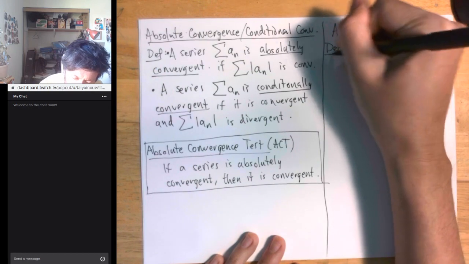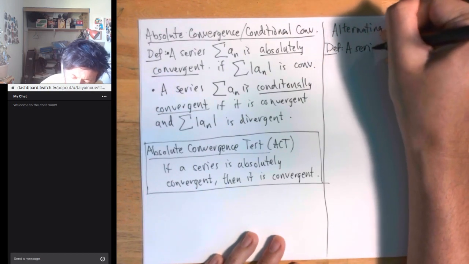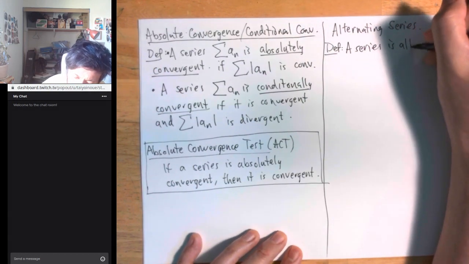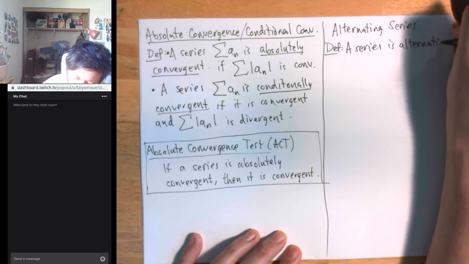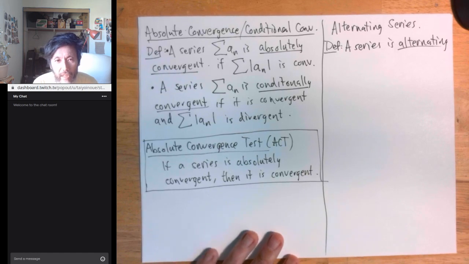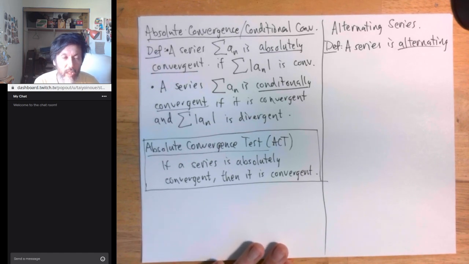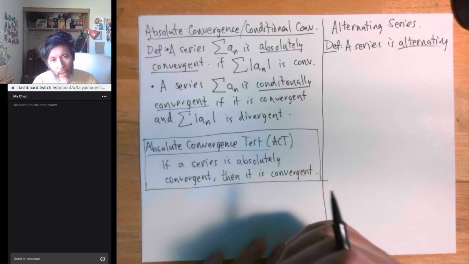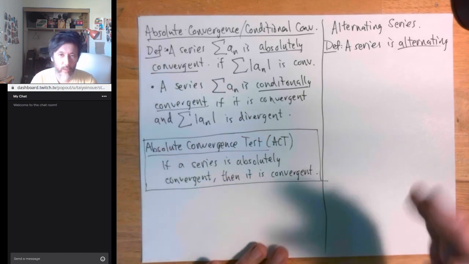Definition. A series is alternating. I'm going to give you a formal definition because I love you, but the basic idea is that it just flip-flops in sign from term to term. The sequence of terms goes from negative to positive to negative to positive. And that's what an alternating series is.